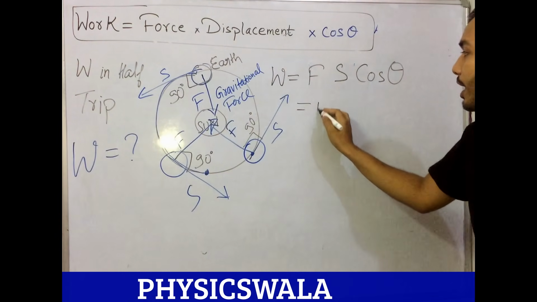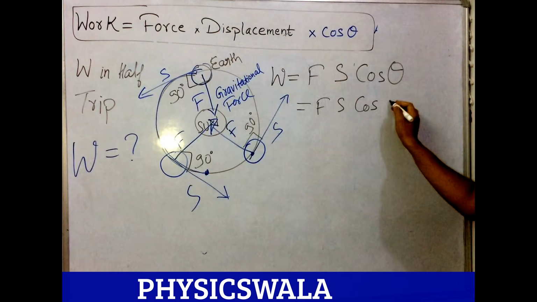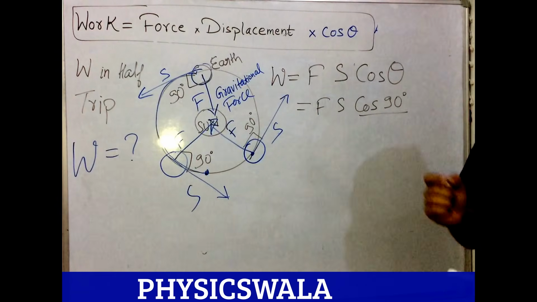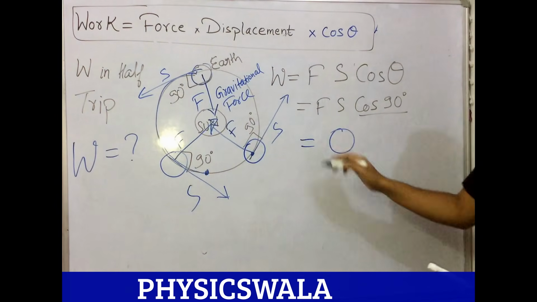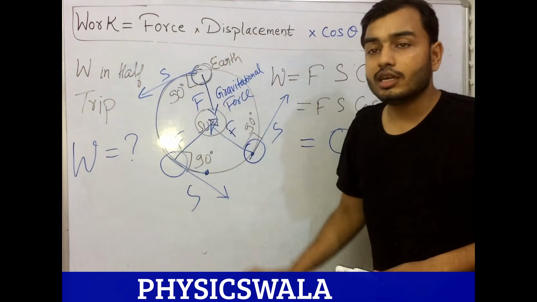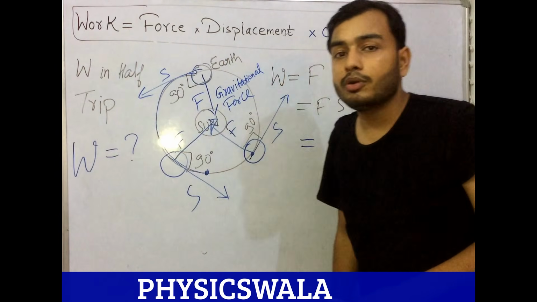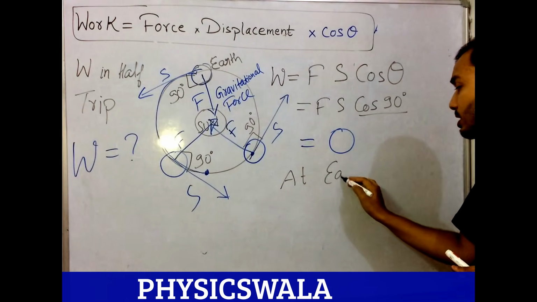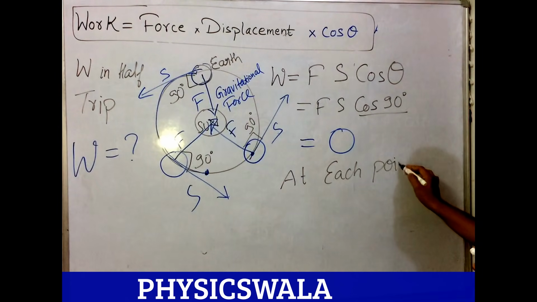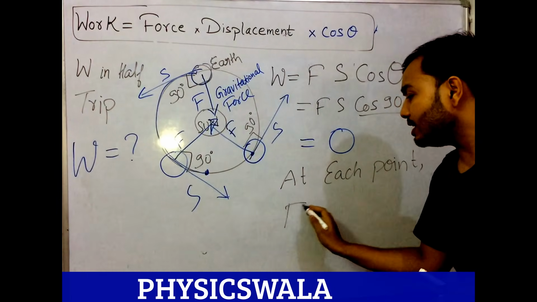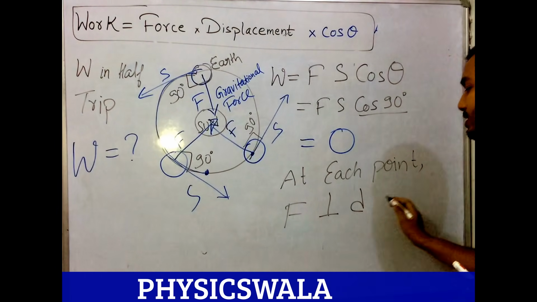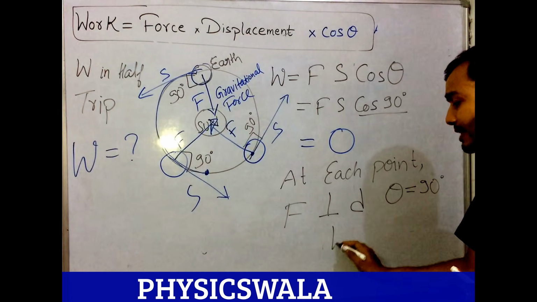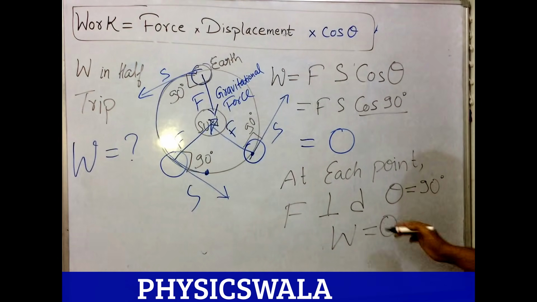So this becomes F s cos 90, and cos 90 is 0. So it becomes 0. No work is done even in the half trip, because at each point force is perpendicular to displacement, theta is 90, and hence work done is 0.